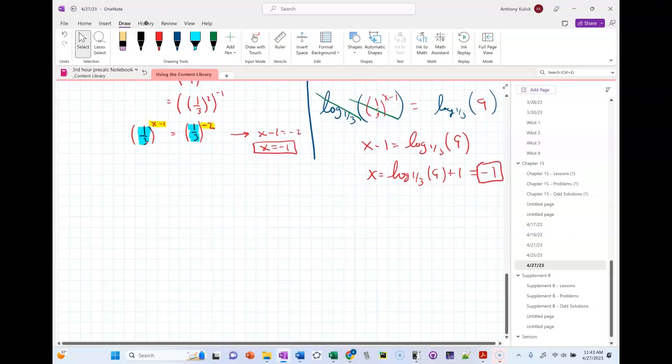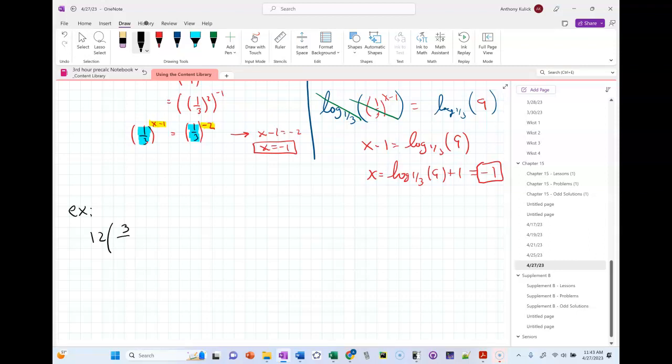Let's do another. Okay. All right. First step that I want to do here is divide the 12 to both sides.